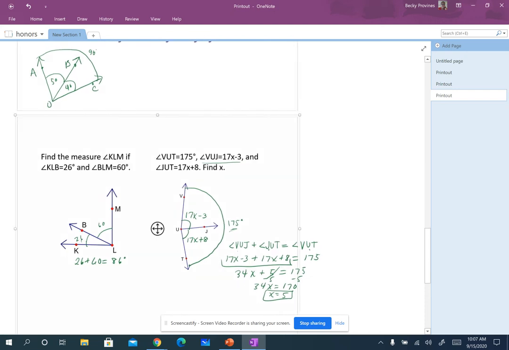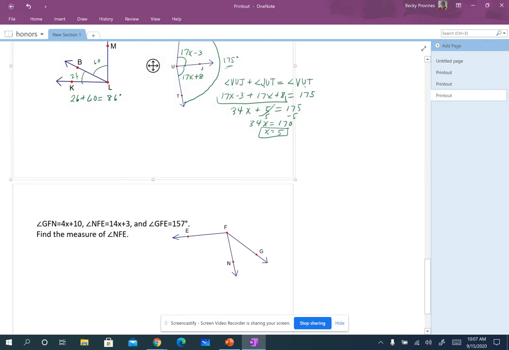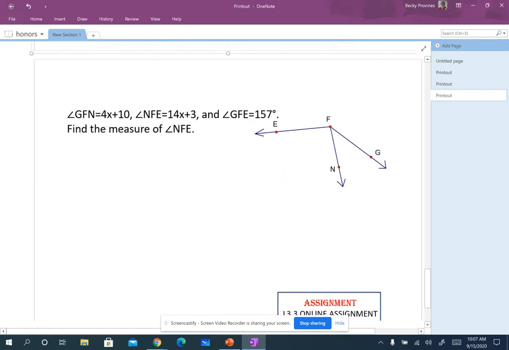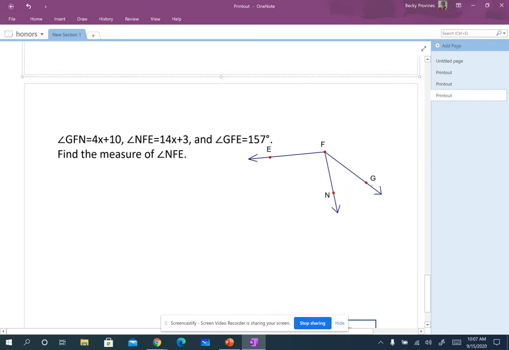All right, let's try another one. GFN. So it's this little angle, 4x plus 10, and then NFE, 14x plus 3, and then the big angle, notice how I put the big arc so everyone knows what's going on, is 157.